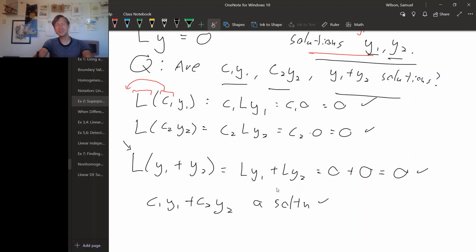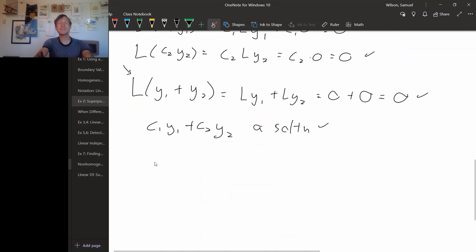So if you start with two solutions, or indeed any number of solutions, you can combine them in lots of ways to get more solutions. This is called the principle of superposition for homogeneous linear differential equations. If you start with two solutions, you can make any linear combination of them, that is, multiply them by constants and add them up, and you get another solution to the linear differential equation.